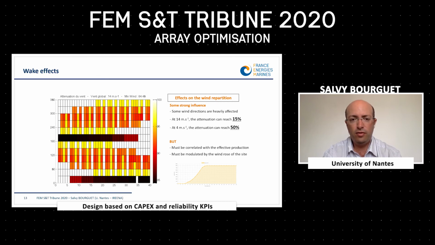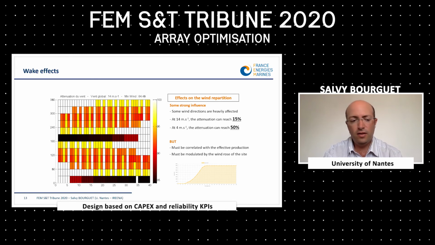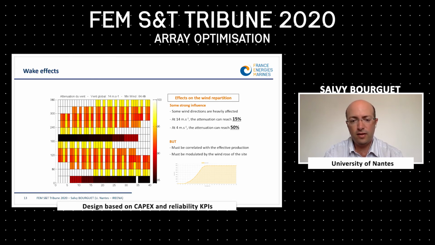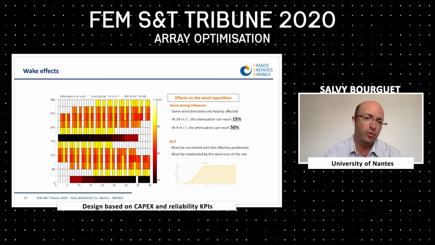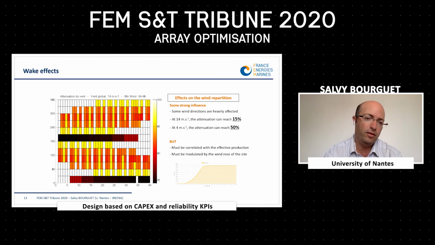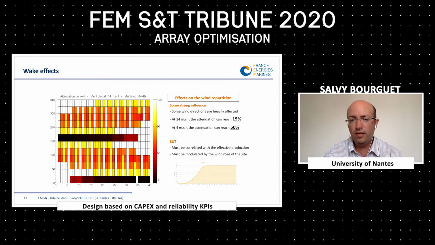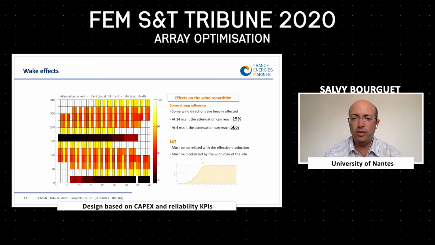Here you have a figure for the 14 meters per second case, and you can see on the x-axis the number of the turbine from the previous figure, and the y-axis represents the direction of the wind, where it's coming from. And we can see that in some wind directions, they are heavily affected.